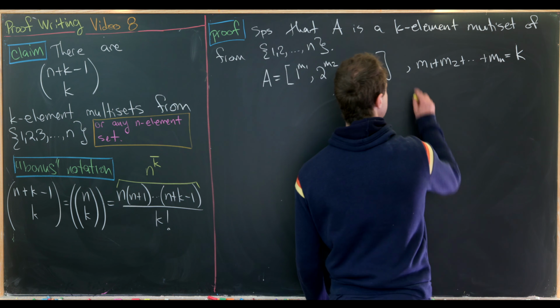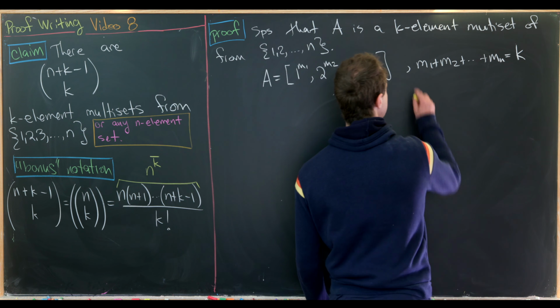So there are exactly n plus k minus 1 characters. So really we're thinking about making a word, and that word has n plus k minus 1 characters, but there are only 2 possible letters. You could have the letter which is a star and the letter which is a bar.